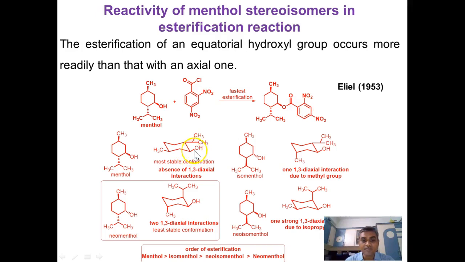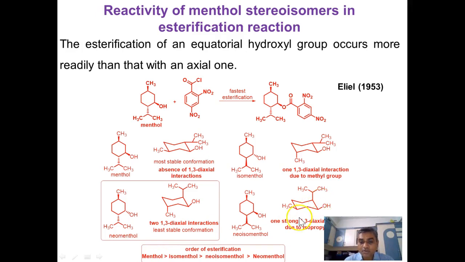If it is at the equatorial position, then the rate of esterification will be faster compared to the axial position, because in the equatorial position there is less steric congestion. Now if you look at menthol, the OH is in the equatorial position and all the substituents are also equatorial, and that is why menthol reacts fastest.